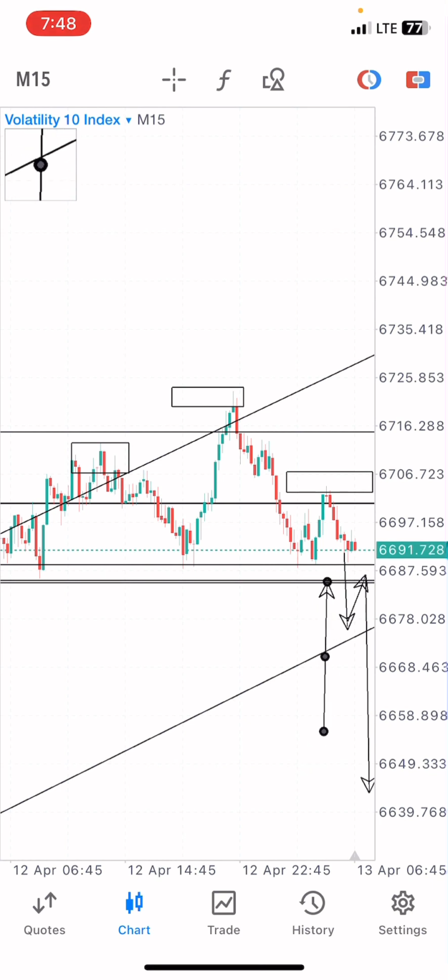We have to wait for the market to give us the move that we expect, like the break of this structure, then we can get in. So that's how I was able to spot my sales, though I'm yet to take the trade. We have to wait for the market to break the structure before we can take the sales.